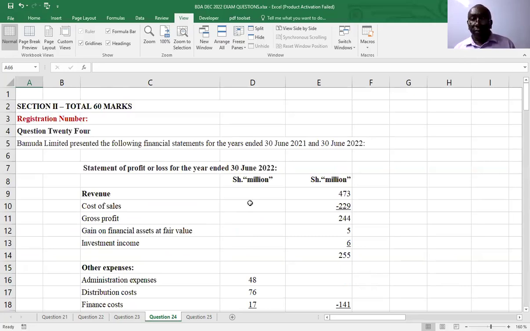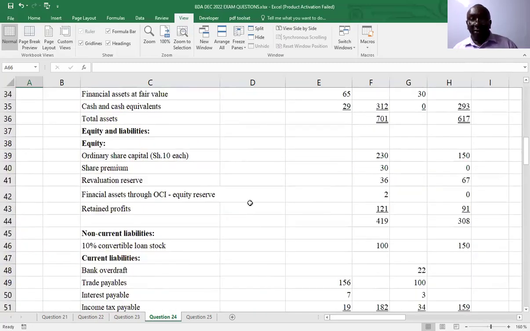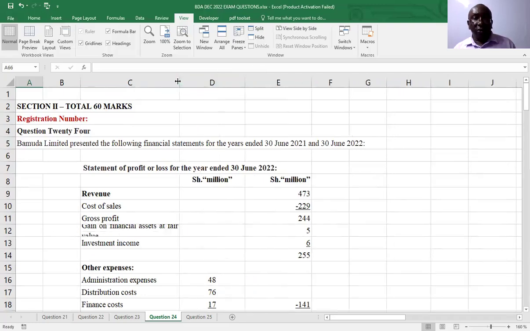That's better. Good. It's visible now, eh? Okay. So I was trying to see which columns I could reduce.